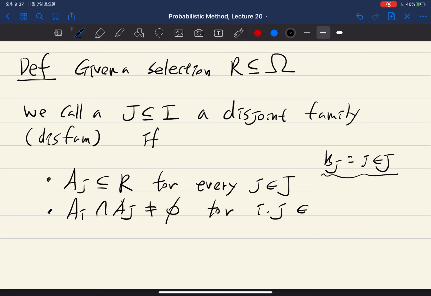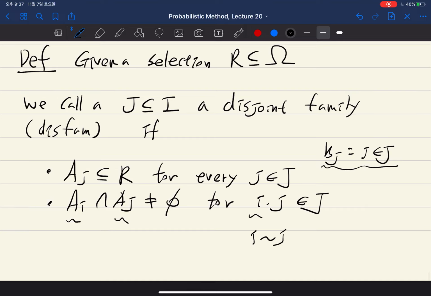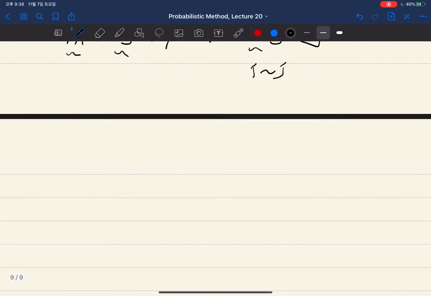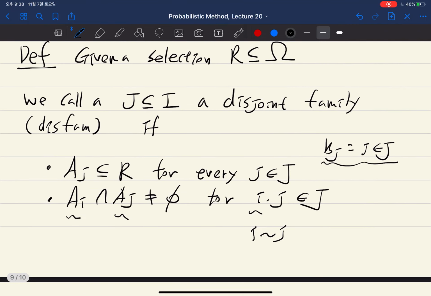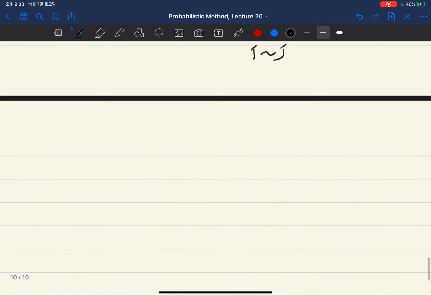And the events for distinct J and I are independent. Then we say this is a disjoint family.